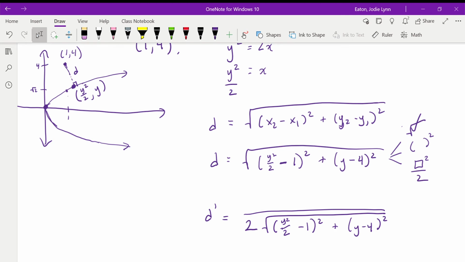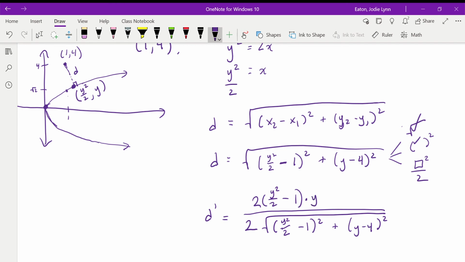So now we have to take the derivative of stuff squared. For the first one, we have 2 times (y squared over 2 minus 1) to the power of 1, but we also have to multiply by the inner derivative, which gives us 2y over 2, which is just y.